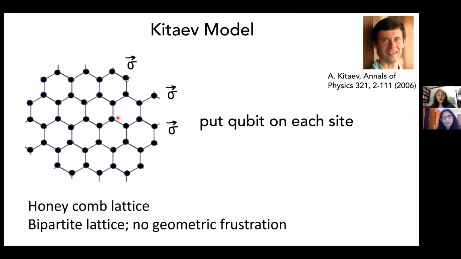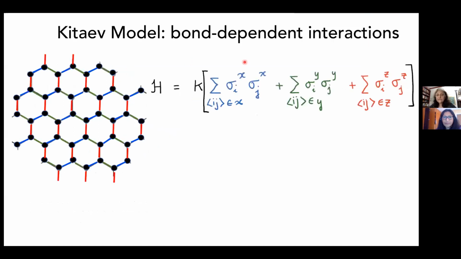So this model is described on a honeycomb lattice, and at each site, you put a qubit, sigma. What is interesting about this model is that there is no geometric frustration. So it's not like a triangle which is geometrically frustrated or Kagome. It's a bipartite lattice. And yet the frustration comes from bond-dependent interactions.